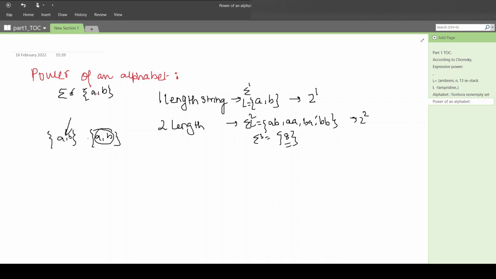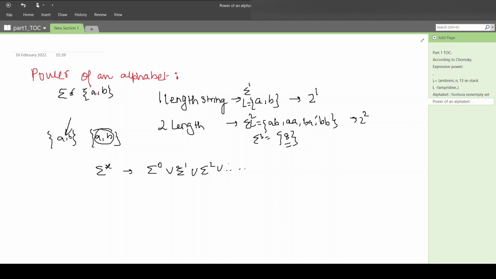When we talk about sigma star, it includes all the strings, like the union. So it will include all languages, it is called the universal set of all strings over the given alphabet.